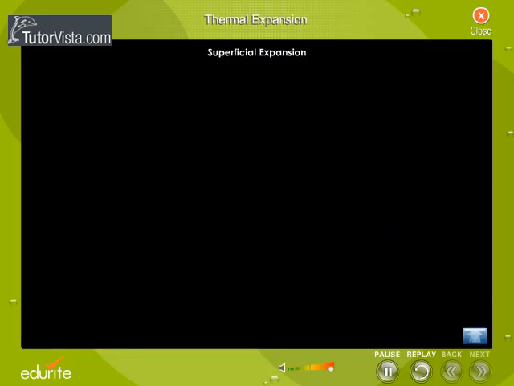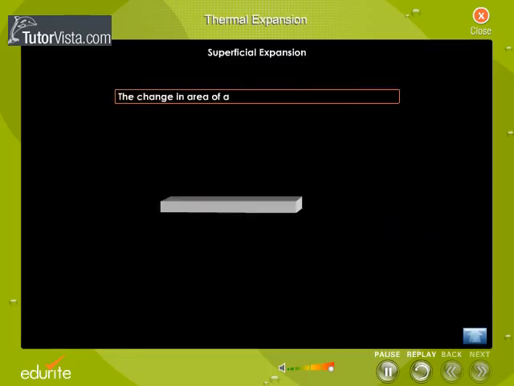Superficial expansion. The change in area of a solid is called superficial expansion. If A is the initial surface area of a solid and delta A is the increase in surface area due to a temperature change delta T, then increase in the surface area is directly proportional to the original area and increase in temperature.